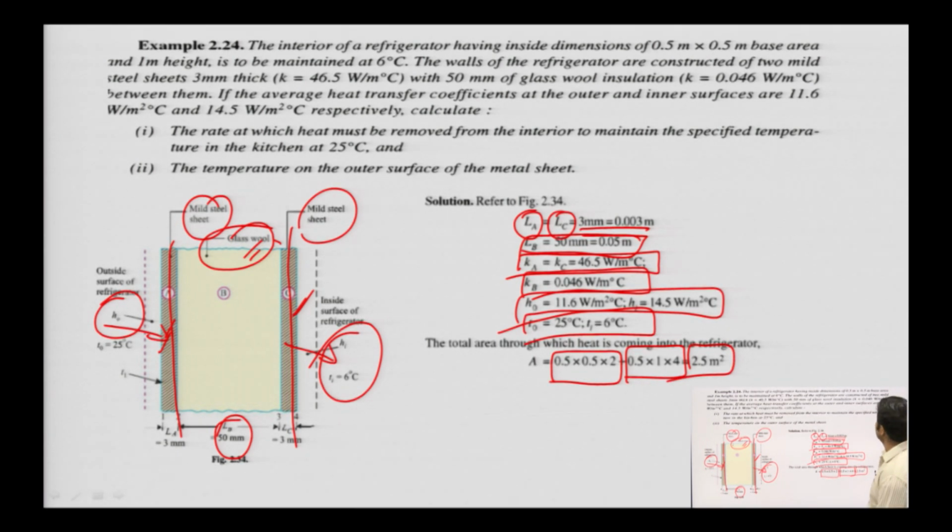So how did they get this? This is 0.5 into 0.5 into 2, and then there is the base area. There is the front area and the base area.